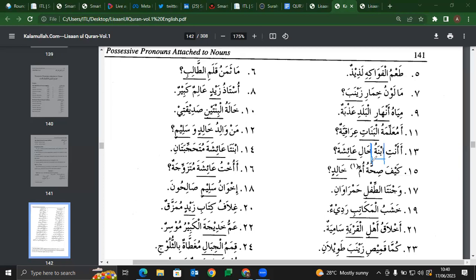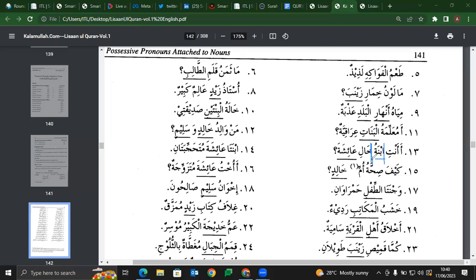Because it is the mubtada, the subject, so it has to come at the beginning.